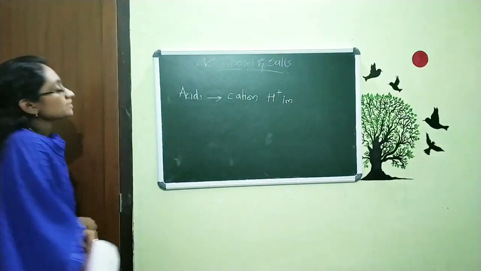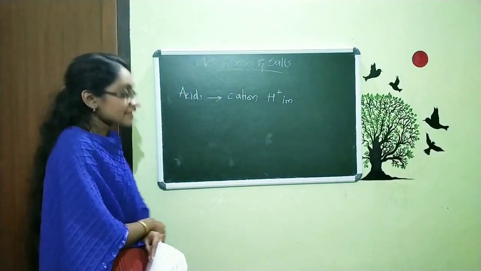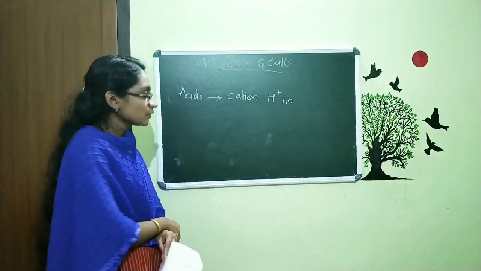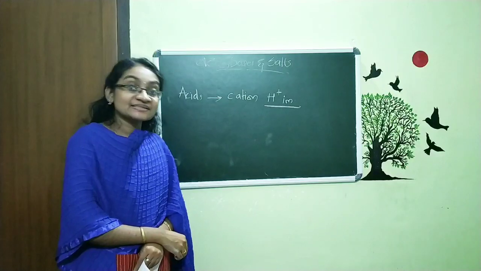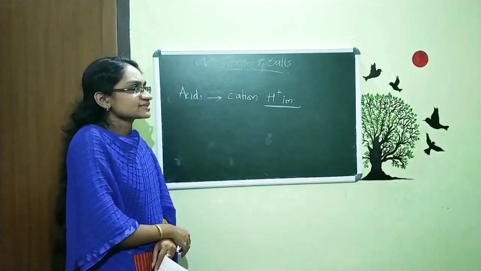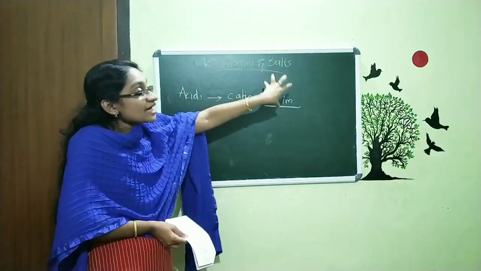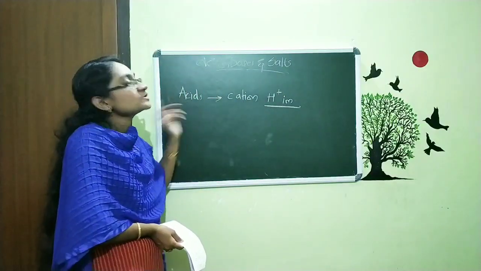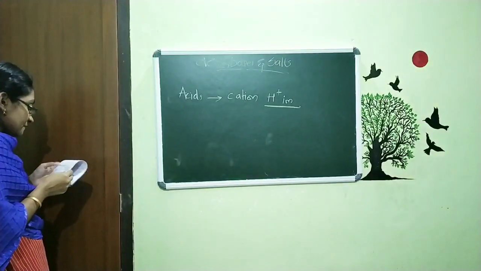So all acids have the H plus ion present. Because of the presence of this H plus ion, the acid shows its acidic properties, which we already discussed in our previous classes. This H plus ion is the reason for all the properties of acid.